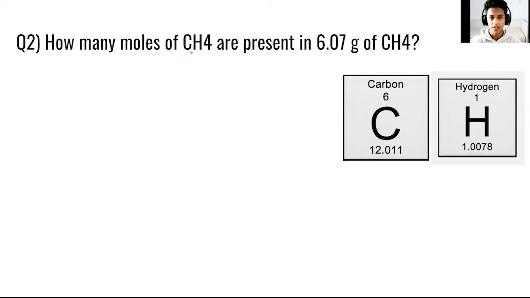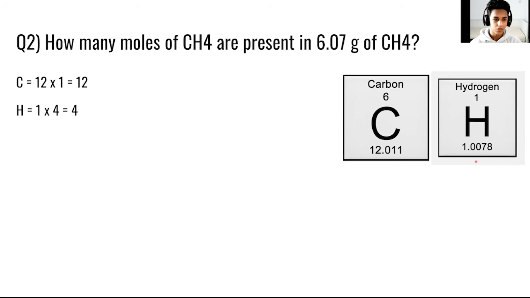So as we can see, the carbon has 12 AMU. We multiply 12 by 1, which is 12. And then hydrogen, we will multiply 4 by one because we have four hydrogen atoms, and the AMU of hydrogen is 1, so 1 times 4 is equal to 4.